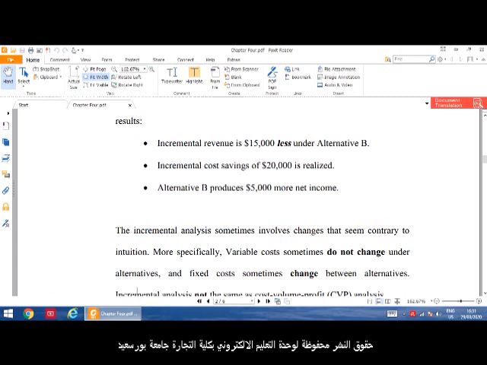On the other hand, fixed costs sometimes change between alternatives. So these changes seem contrary to intuition.